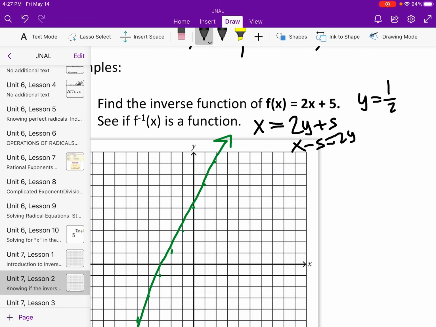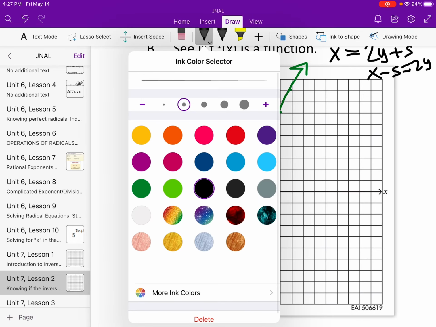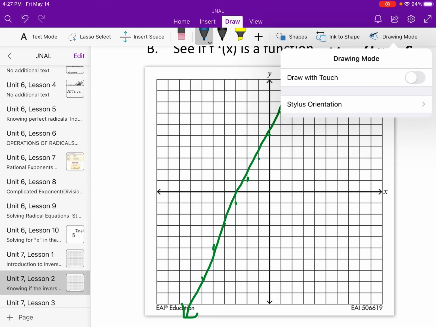So we subtract 5 and get y equals 1/2 x minus 5/2. So we have a y-intercept this time of negative 2.5, and a slope of 1/2.